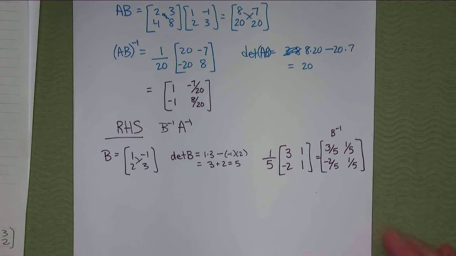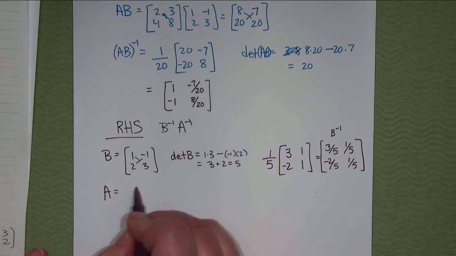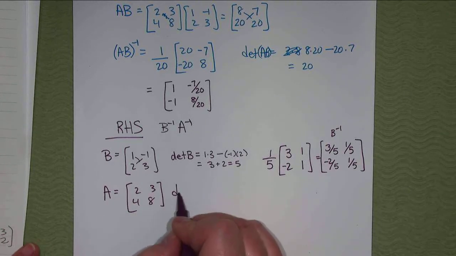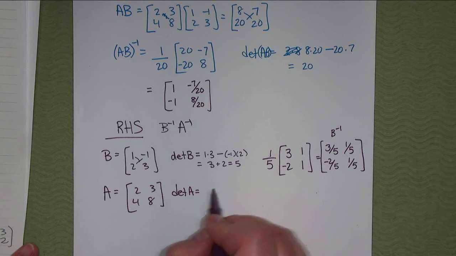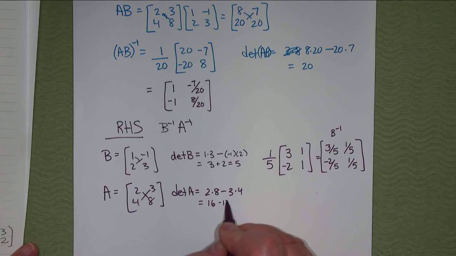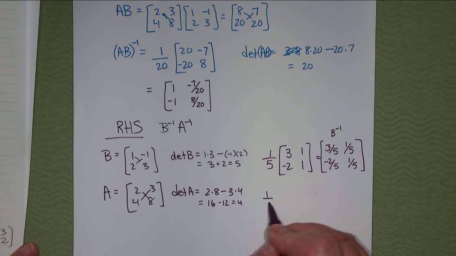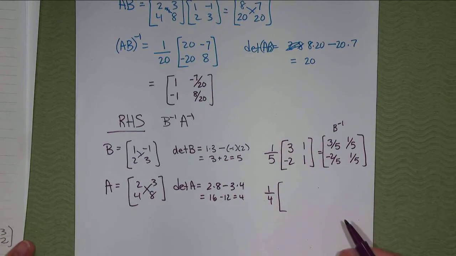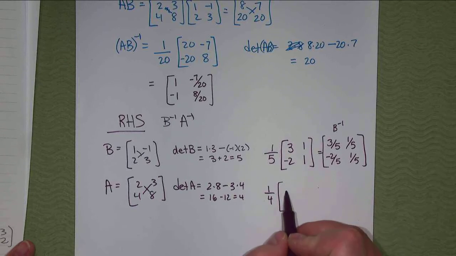And then we need A inverse. Two times 8 minus 3 times 4 is 4. So 1 over 4, switch the 2 and the 8. And change the signs here.